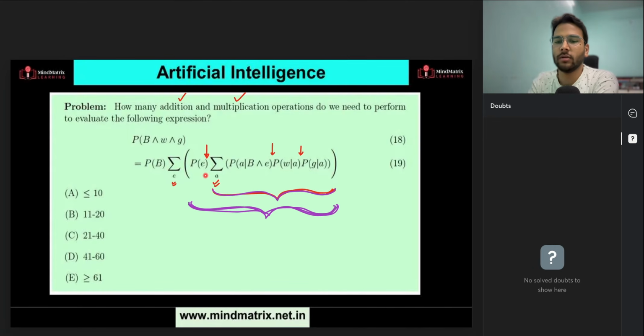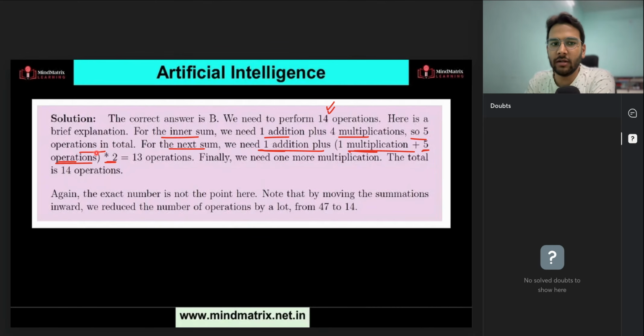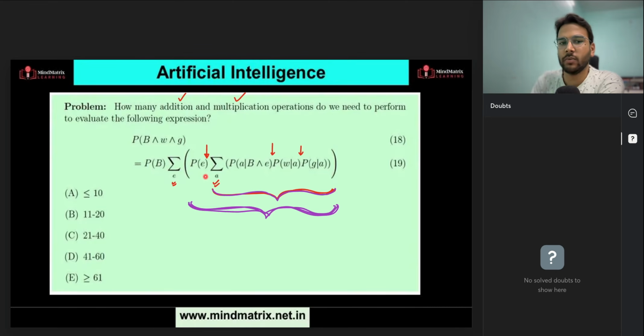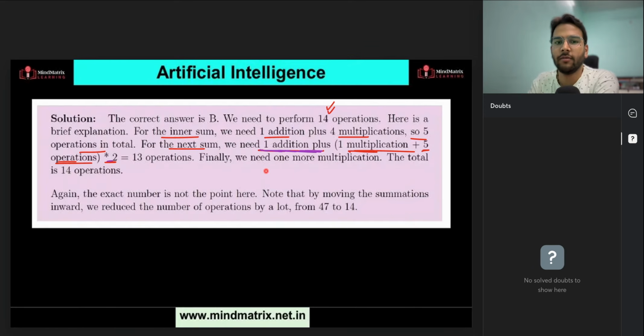So that will give you 13, right? So 5 plus 1, 6 into 2, that is 12. And this 1 addition that you have for the major one, right? For this one plus again this one, this value. I hope it is clear, right? Any doubt, anyone? Even you can just write the full expression also just to have more clarity. Fine. So total 13 operations here.